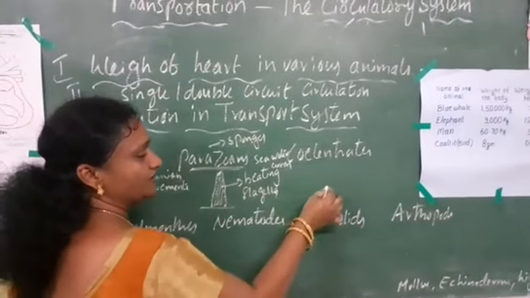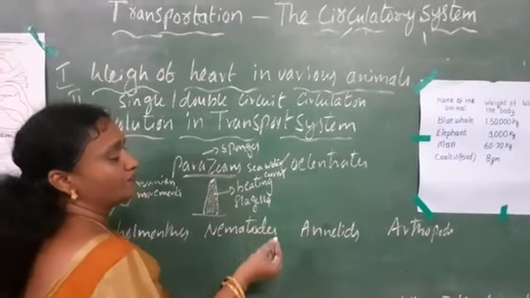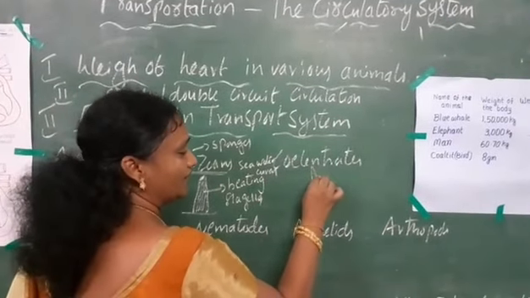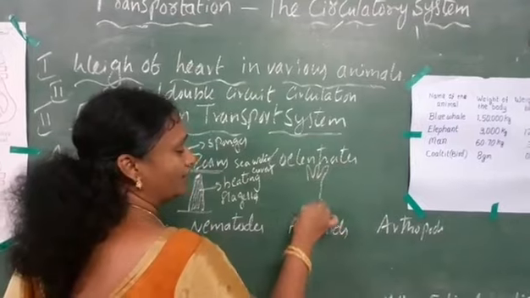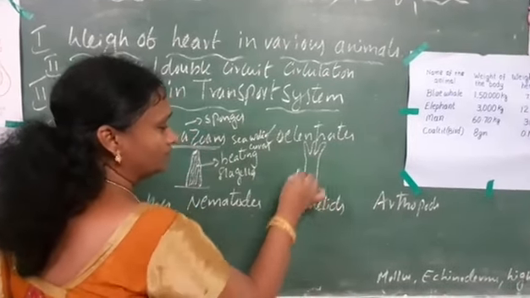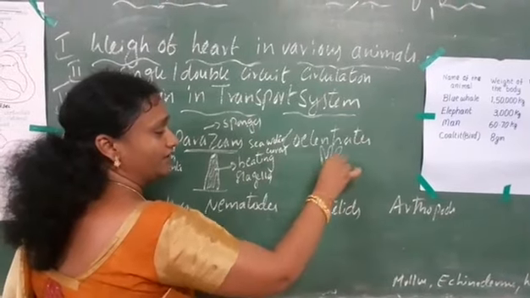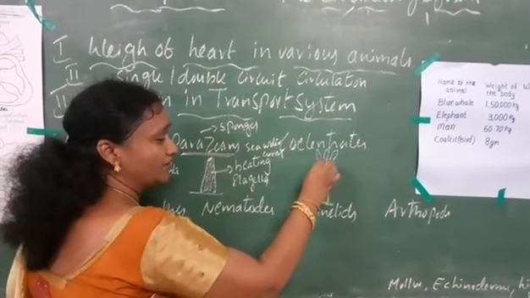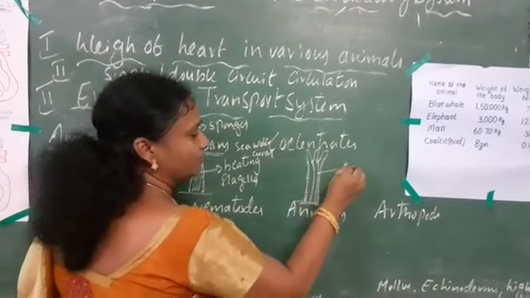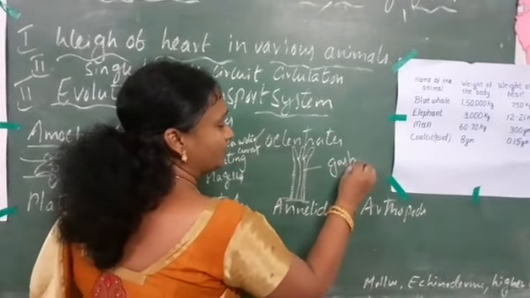When we see the coelenterates, a bigger animal when compared to the parazoans, an example is the hydra. When we see the hydra, it contains ectoderm, endoderm and mesoderm, a somewhat developed animal. In the center it has a cavity, and that cavity is called the gastrovascular cavity.